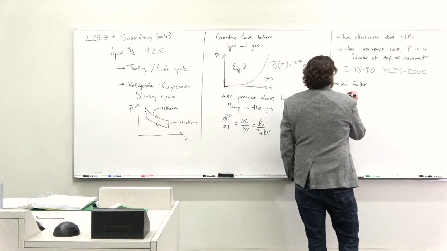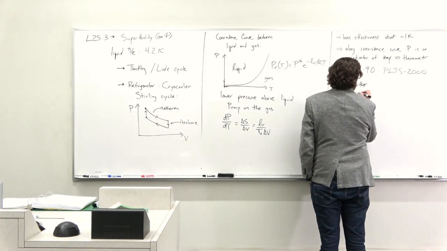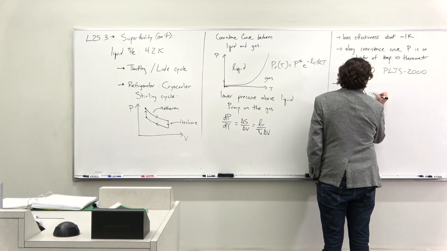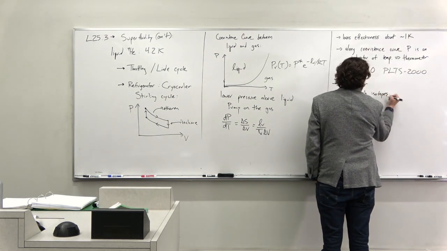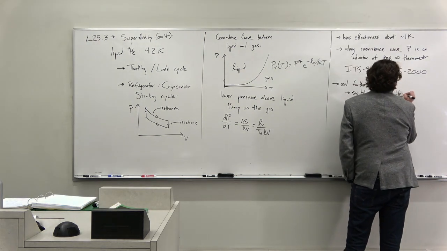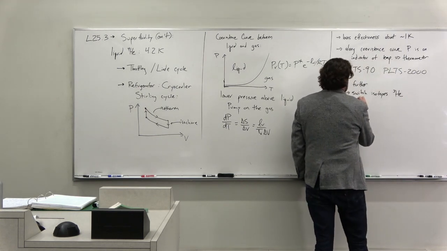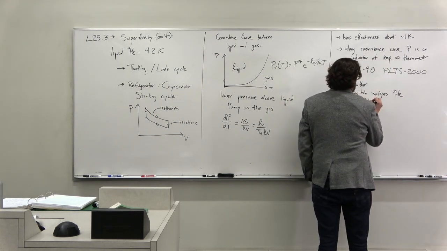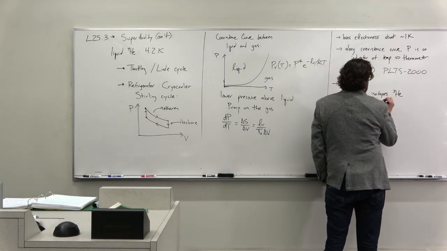So what we're going to do is we're going to switch isotopes. If you switch to helium-3, it's lighter, so it has a higher vapor pressure.